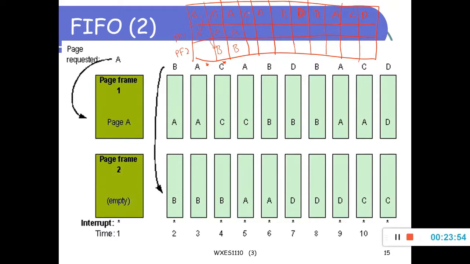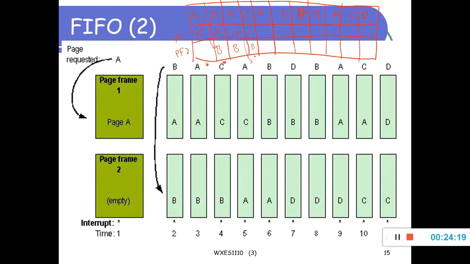Next is C. Because page frame 1 and page frame 2 are already occupied, you have to remove either A or B. Because it is first in, first out, and A is the first in, A has to be moved out, and C will enter the page frame.